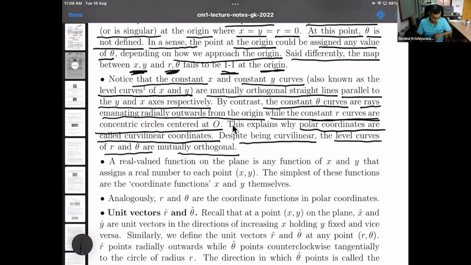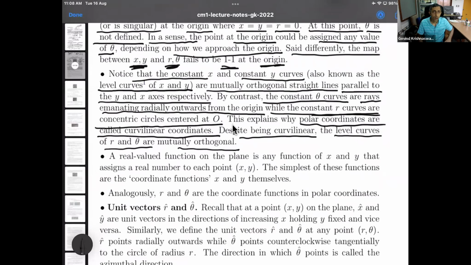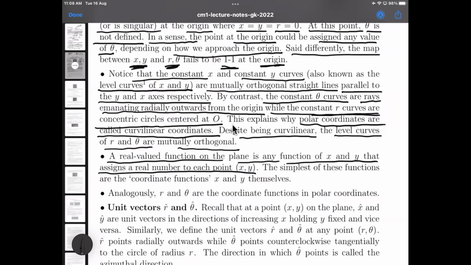Okay, now I want to bring in one more concept. A real valued function on the plane is simply any function of x and y that assigns a real number to each point xy. Could be x squared plus y squared, could be xy, could be the sine of x, etc. Now this f of x comma y, you mean multi-variable function?